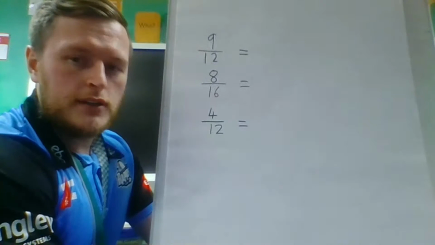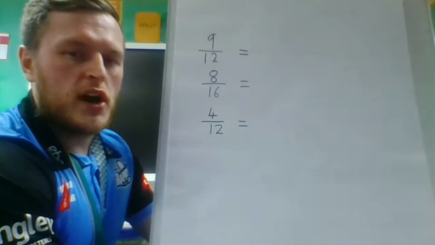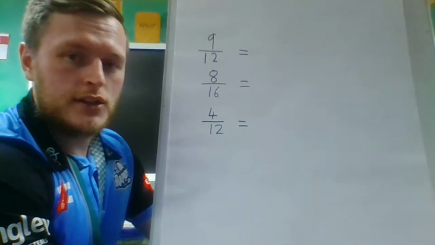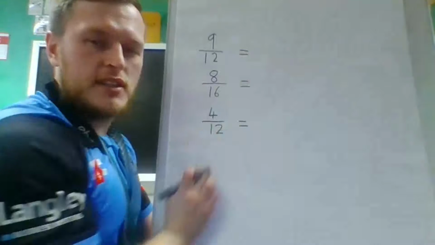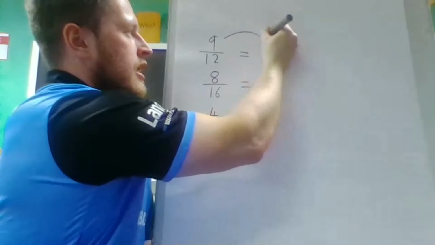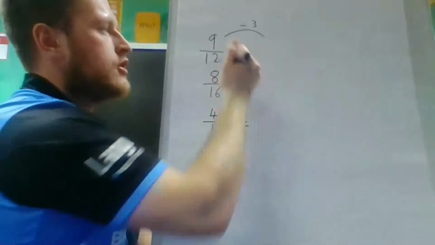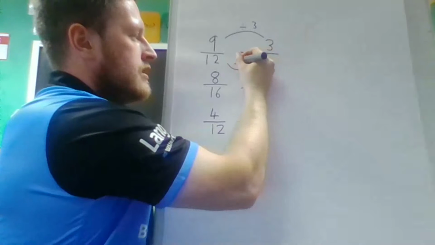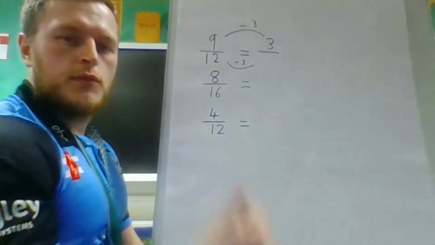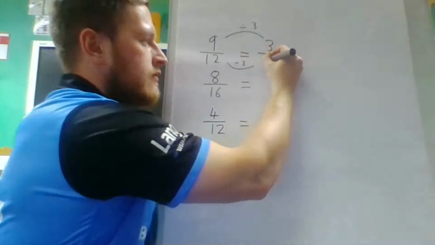So we need to find the times table that both the numerator and denominator go into, and we know it's the 3's for this first one. To find the simplest fraction, I do 9 divided by 3: 3, 6, 9, so 9 divided by 3 is 3. Then I do 12 divided by 3: 3, 6, 9, 12, so 12 divided by 3 is 4.